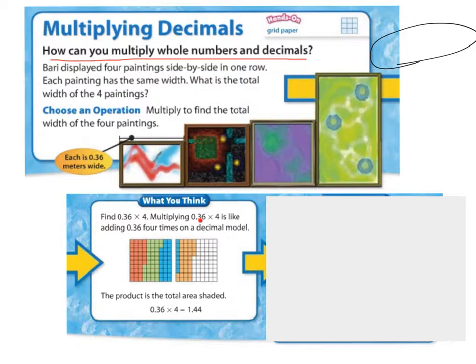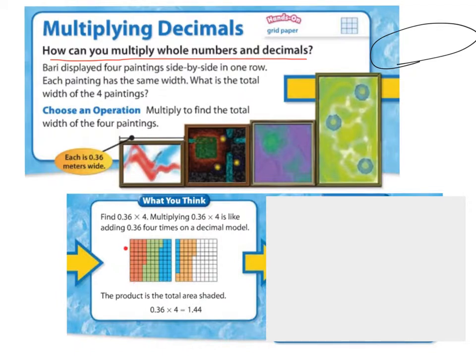Multiplying 0.36 times 4 is like adding 0.36 four times on a decimal model. So if I counted these boxes, there's 10 up and down. So here's 10, 20, 30, 31, 32, 33, 34, 35, 36. And this is just shaded in 4 times.